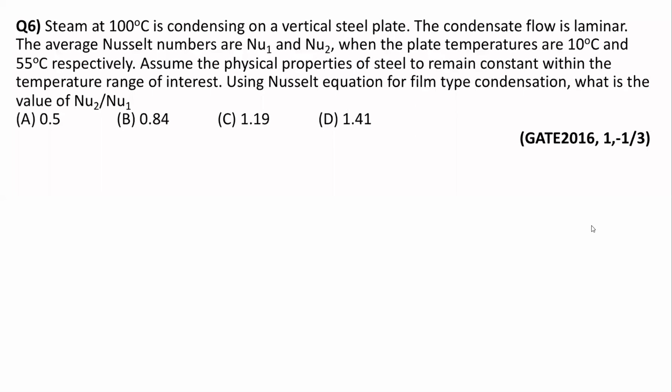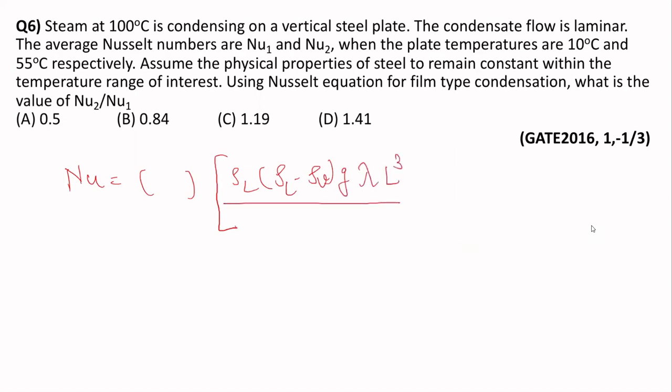If you remember the formula, Nusselt number is equal to some constant times density of liquid times density of liquid minus vapor into gravity times lambda L cube, divided by viscosity, thermal conductivity, delta T, to the power 1/4.